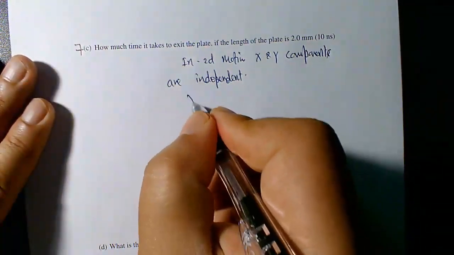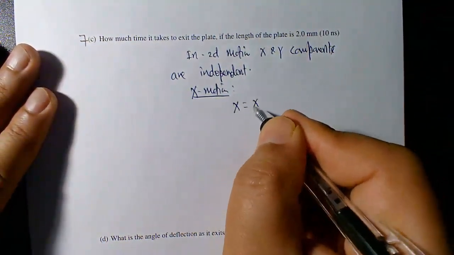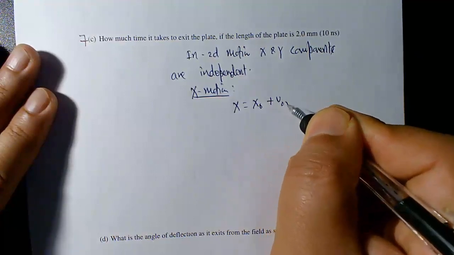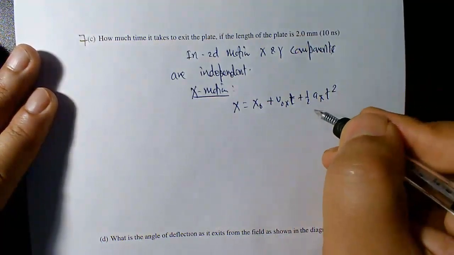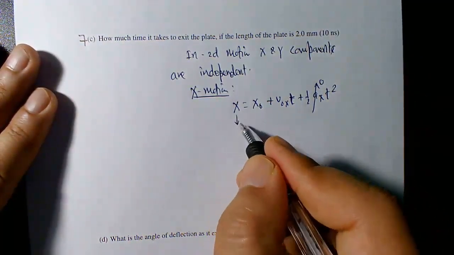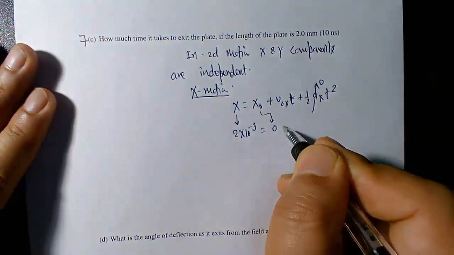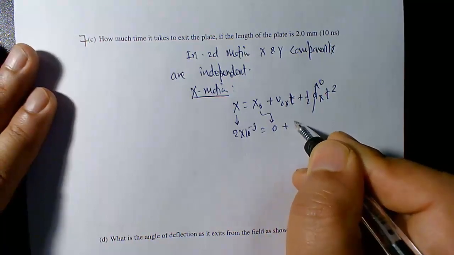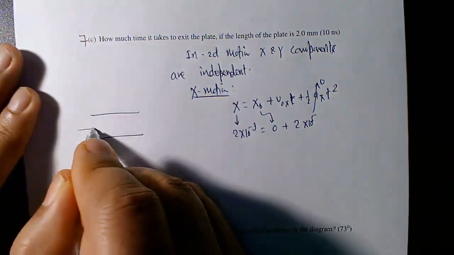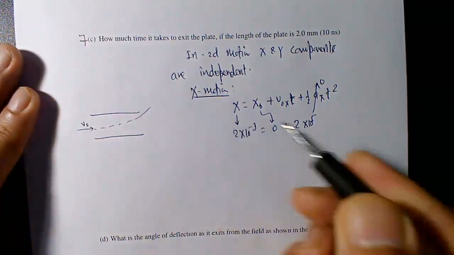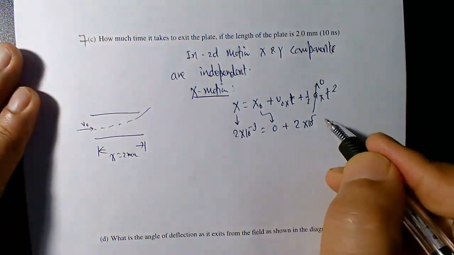For x motion, use kinematics in the x direction. x equals x naught plus v naught x t plus 1/2 a x t squared. Just like projectile motion, the x acceleration is 0. x is 2 millimeter, which is 2 times 10 to the power -3. Starting point is 0, plus the initial velocity, which is 2 times 10 to the power 5, times t.